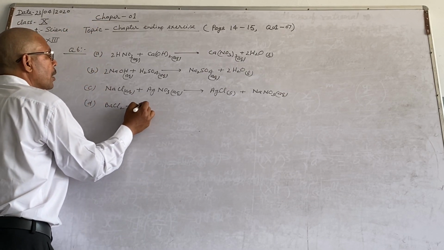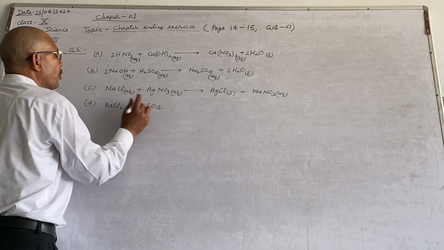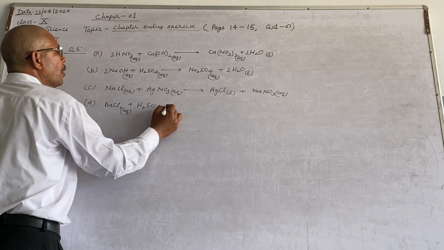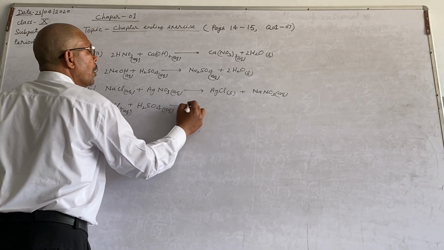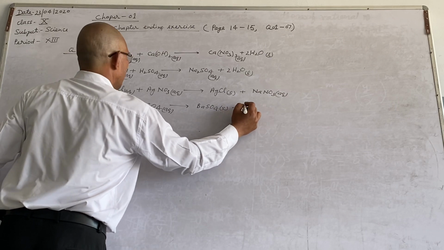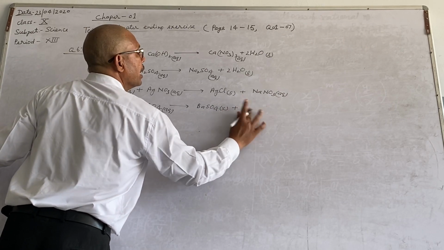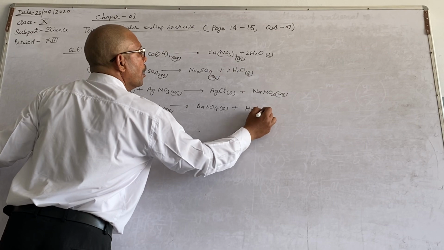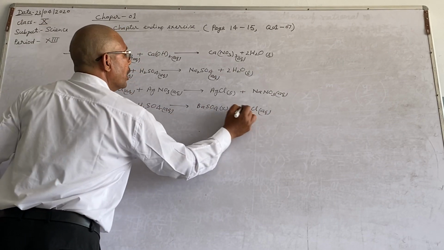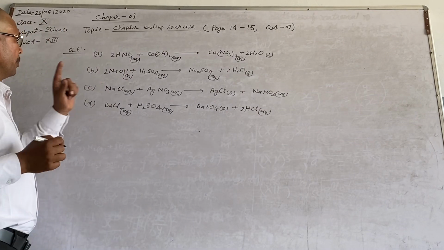BaCl2 plus H2SO4 gives BaSO4 solid plus HCl. Please balance them. Hydrogen 2 and here 2. Now this is already balanced.